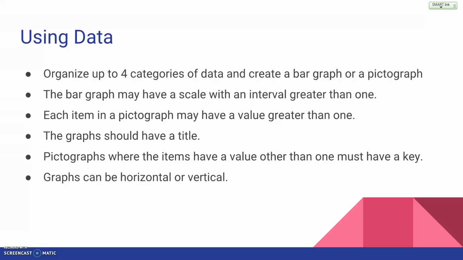And sometimes on a pictograph, even if each item does stand for 1 piece of data, we still go ahead and add a key. The graphs, the pictographs or the bar graphs, can both be oriented horizontally or vertically, and the students need to be familiar with both orientations and be able to create graphs in either orientation.